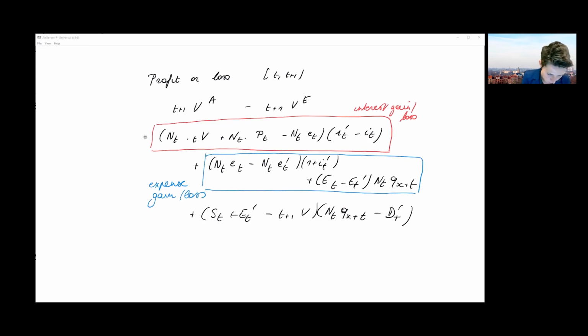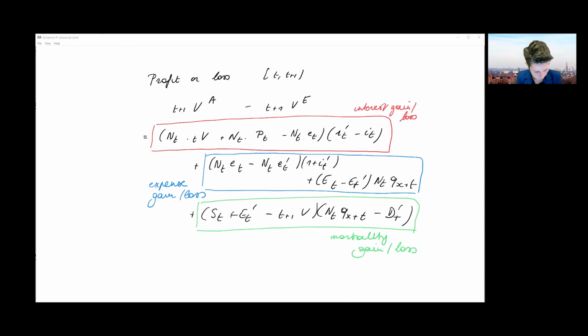And then for the final part, what I see here is that this component is driven by the mortality gain or loss. Here we are comparing the assumed number of deaths according to our assumptions versus the actual realized number of deaths. So that's a very general way of looking at this annual profit by source.